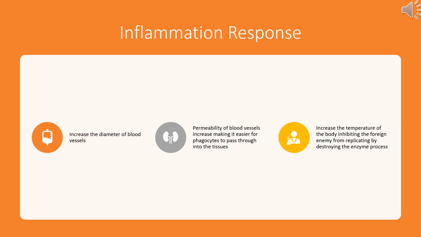Second step is the permeability of blood vessels increases, making it easier for the phagocytes to pass through into the tissues. And then finally, step three, increasing the temperature of the body inhibits the foreign enemy from replicating by destroying the enzyme process.